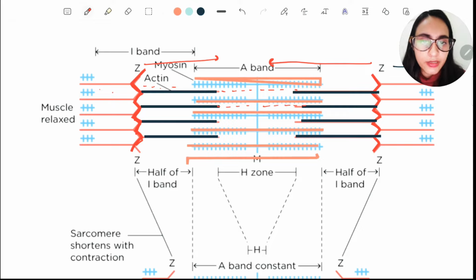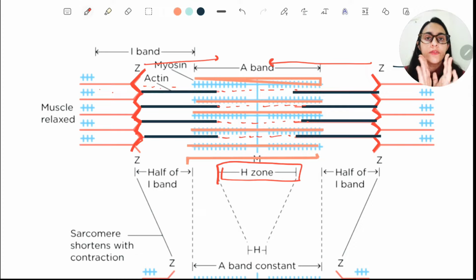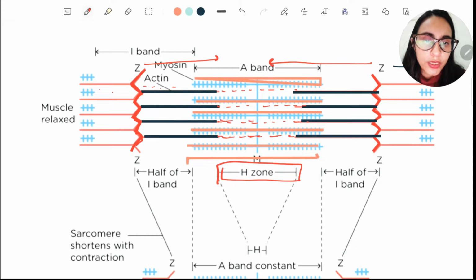The thin filaments approximate each other, and there will be disappearance of the H zone which was present in the center. So the thin filaments are going to attach to each other, and there is disappearance of the H zone when muscle contraction takes place.